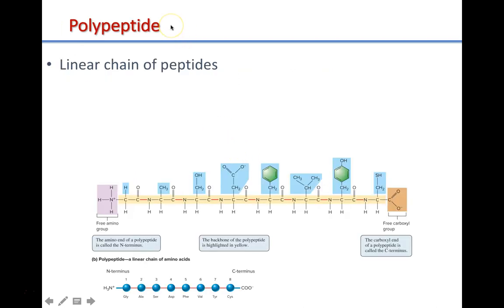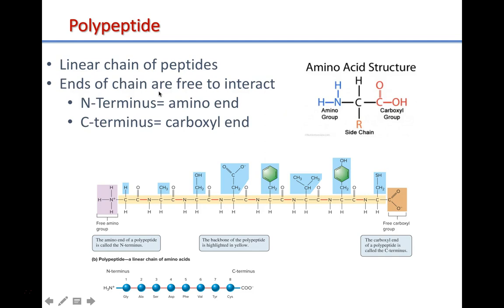A polypeptide is the name of the polymer for a protein. Remember, our amino acid is the monomer for our protein, and our polypeptide is the polymer for our protein. This is essentially just a linear chain of peptides. As you string together amino acids one by one and form a line, that is what a polypeptide is.